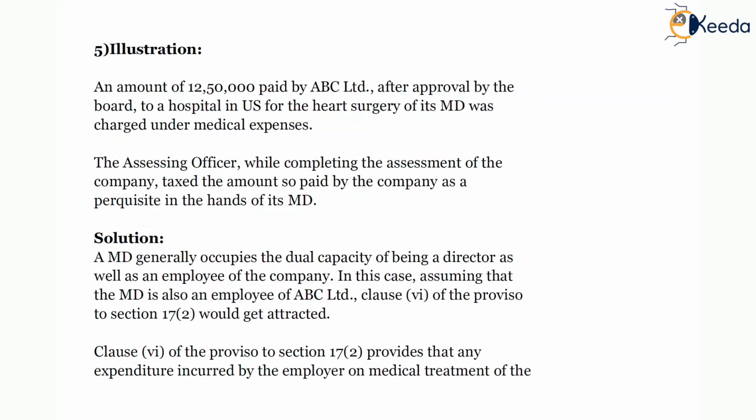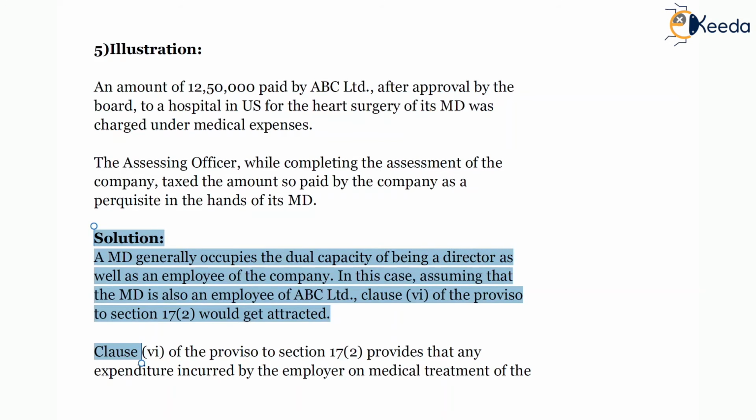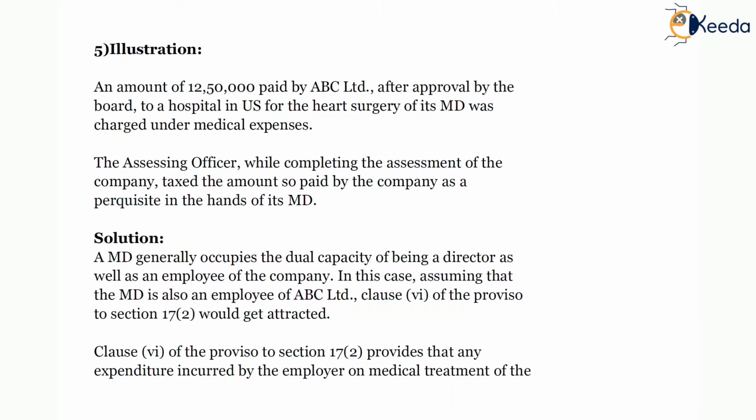Solution: a managing director generally occupies the dual capacity of being a director as well as an employee of the company. In this case, assuming that the MD is also an employee of ABC Limited, clause 6 of the proviso to section 17(2) would get attracted. So here there is a dual capacity in which the MD works.